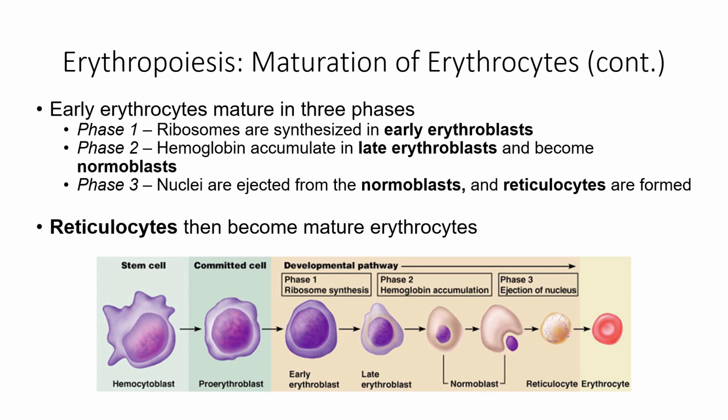And once we have a lot of hemoglobin accumulation, the cells will become normoblasts, and the normoblasts will then eject the nuclei from the cells. And once the nuclei is ejected from the cells, the normoblasts will be called reticulocytes. And reticulocytes will continue to mature into erythrocytes.